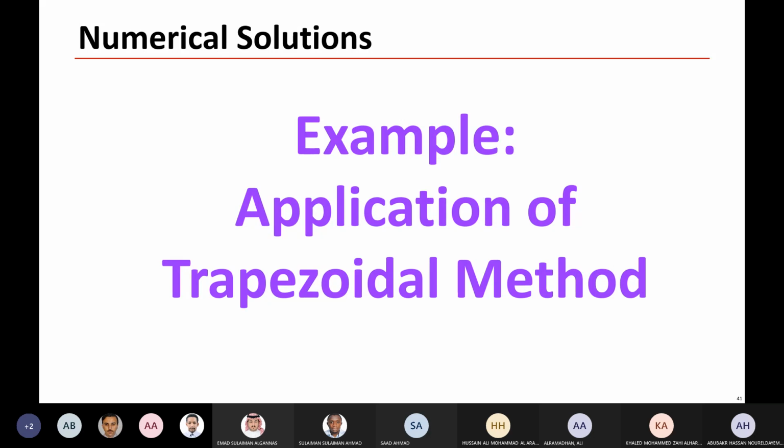The trapezoidal method also can be used. In the integration, which gives the solution, is simply approximated by the trapezoidal area under the curve, and then we can continue.